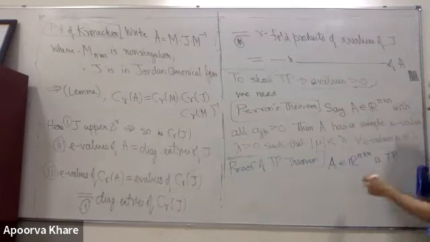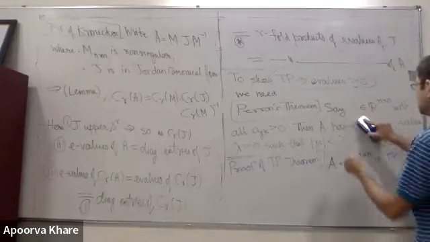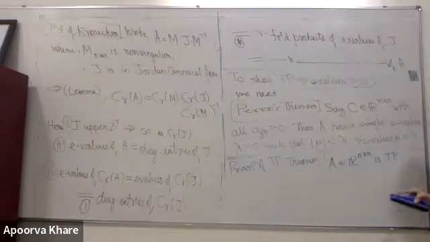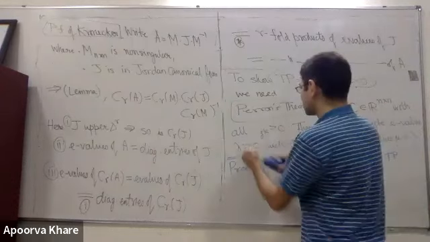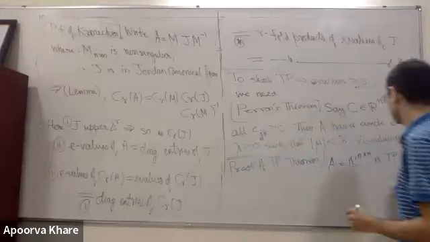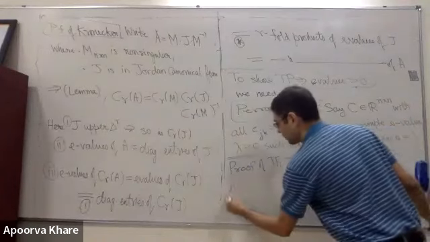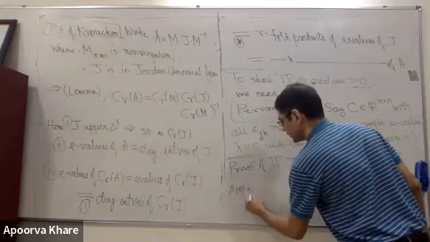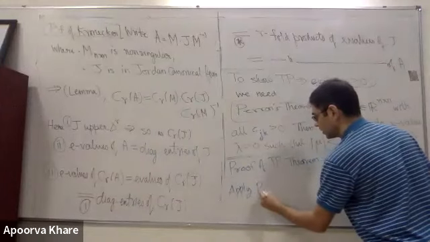So let's call this C. C is going to stand for the compound matrix. So then apply Perron's theorem.